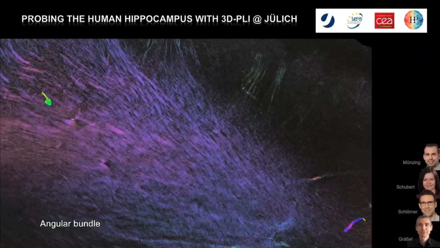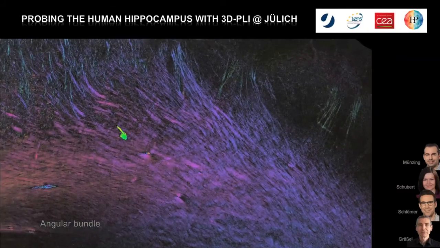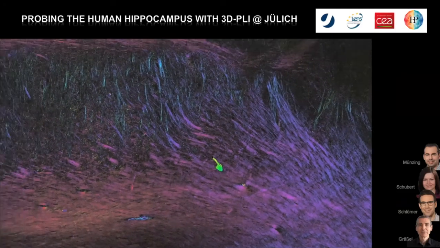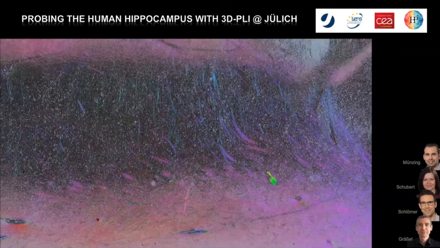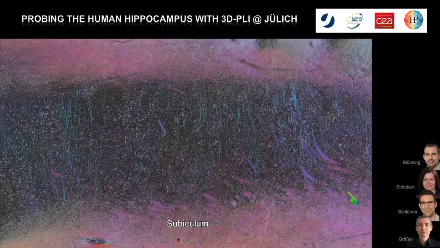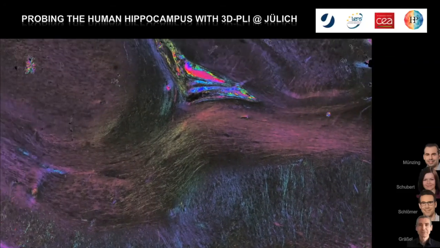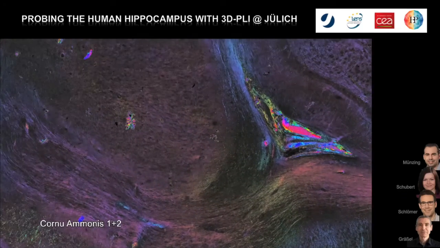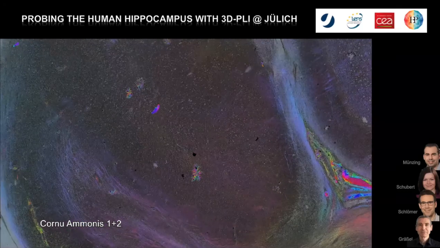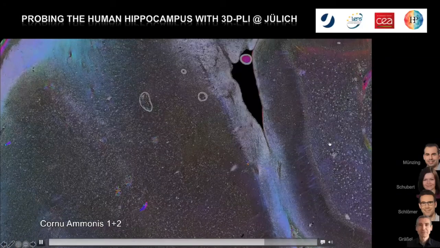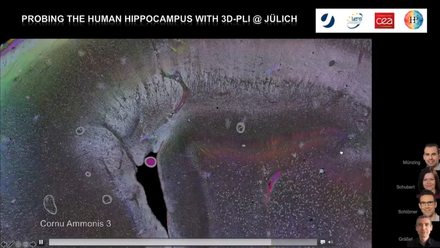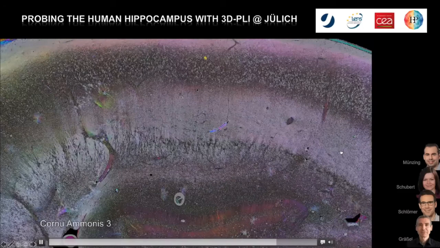And for the next kind of studies, we will also apply post-staining with Cresyl Violet, which also works on the PLI sections, so that we can have a clear assignment of these cell distributions to the well-known cytoarchitecture.